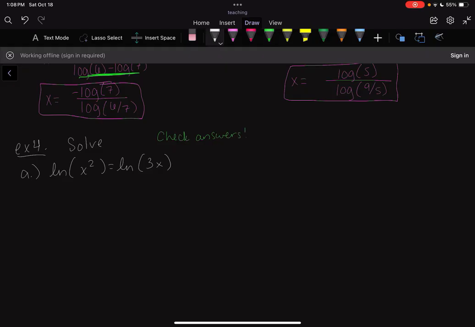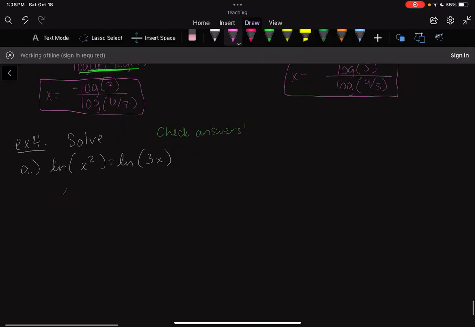So for our first one, I see that I have log on both sides, so I can actually just get rid of it and only look at the insides. X squared equals 3x. Now you might be tempted to divide by x, but something I've told y'all when we did quadratics, right, because x squared, this is a quadratic, don't do that.